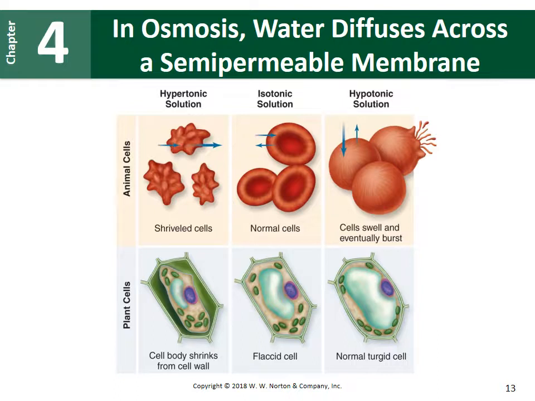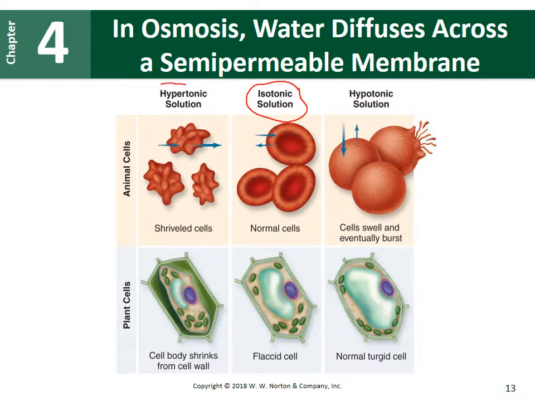We'll start with the middle one here, which is called an isotonic solution. An isotonic solution is when the amount of water outside the cell is the same as the amount of water inside the cell. So this means water is still moving in and out of the cell, but at the same rate. Iso means equal, so water is equal inside and outside of the cell.